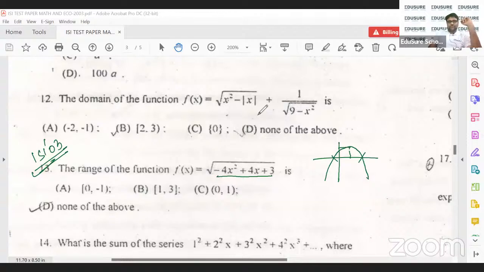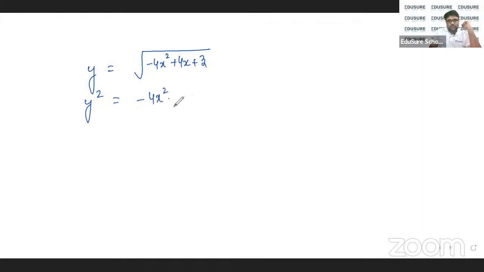Minus 4x square plus 4x plus 3. Okay, square it. Go on to the other side. 4x square minus 4x minus 3 plus y square.